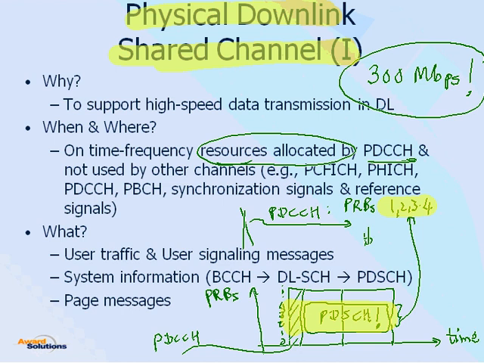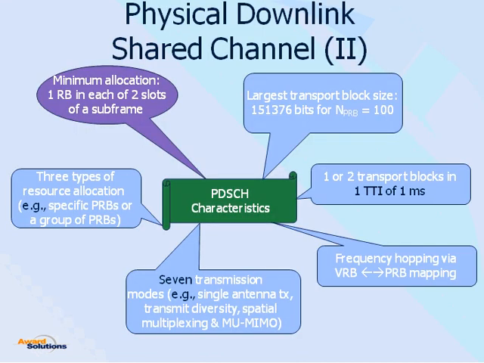Okay. So in summary, the downlink control channel has given us some downlink resources, and using those resources, we will retrieve our packet. So that's for data. Also, we can send a page message, system information, etc. So a lot of things we can do using this big pipe, as big as 300 megabits per second.